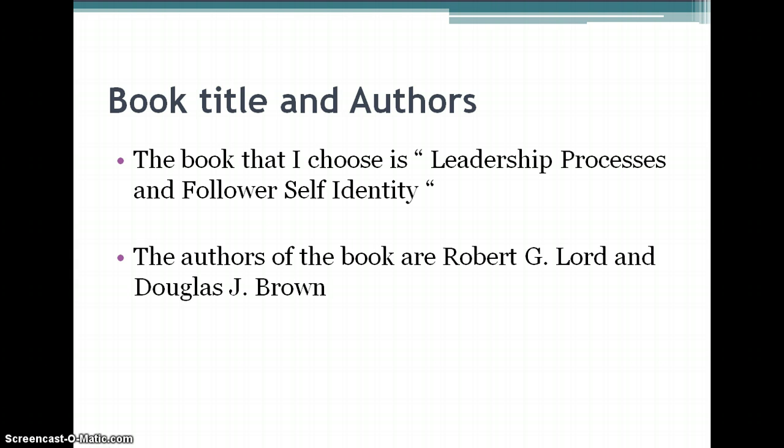The authors of this book are Robert G. Lord and Douglas J. Brown. I couldn't find much about these men. I know they were heavily involved in trying to find outcomes of what was the best leadership role and how to identify these things and implement them into different companies so they could be the most successful.